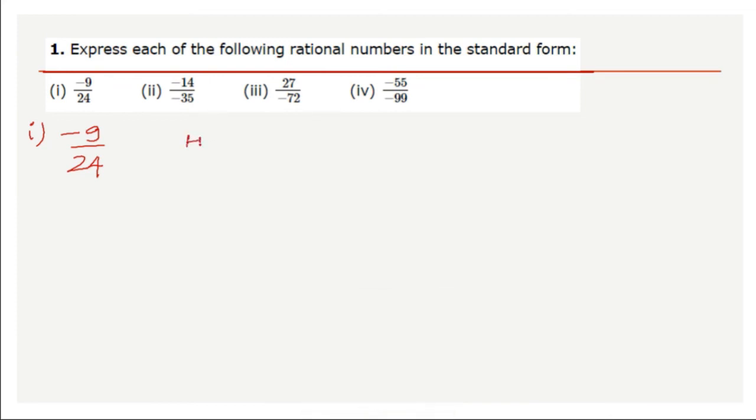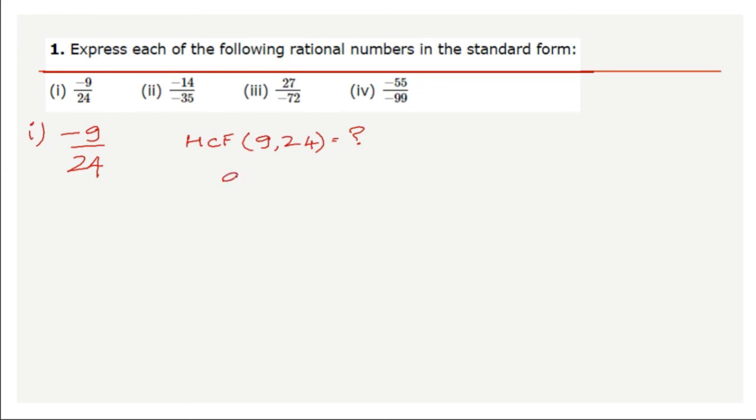So I'll find the highest common factor of 9 and 24. To find it, we can follow the prime factorization method or the division method.